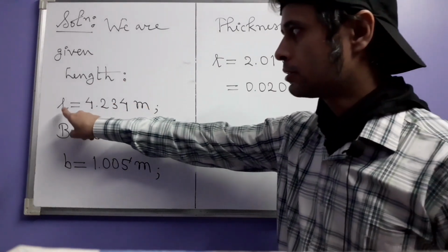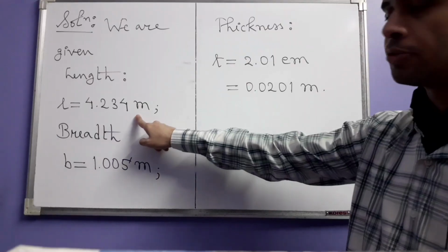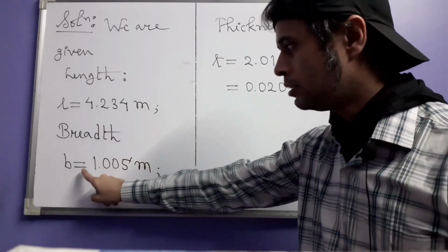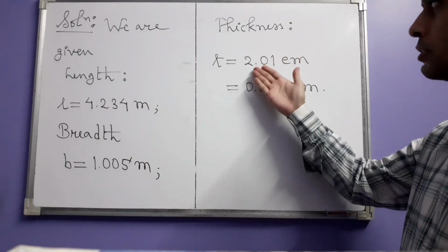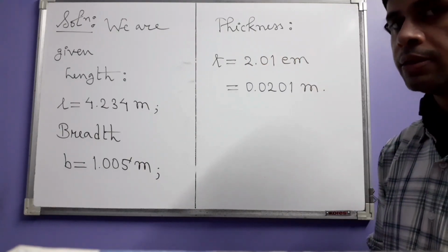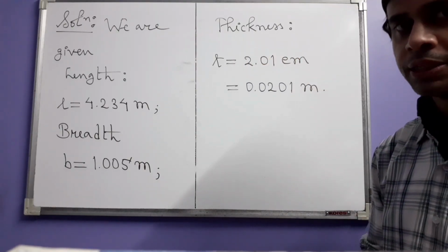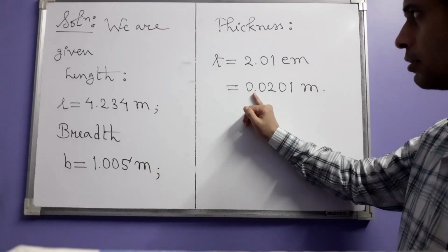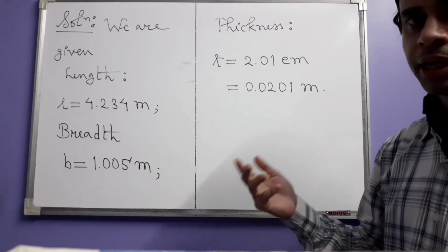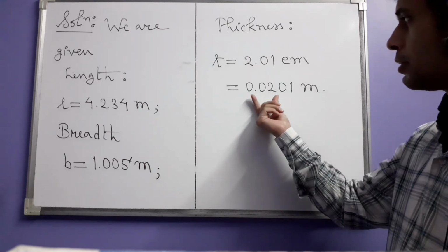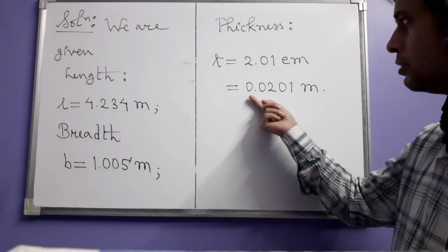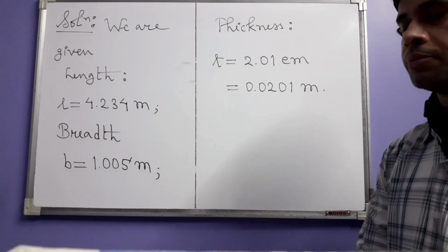We call the length L, which is 4.234 meter, breadth B, which is 1.005 meter, and thickness T, which is 2.01 centimeter, and we convert that into meter as well here, which you will get by dividing the centimeter value by 100. And when you do that, this is what you get, 0.0201 meter.